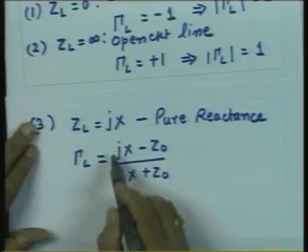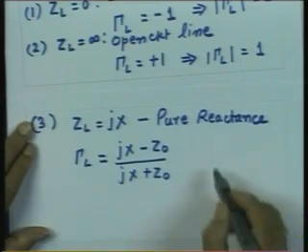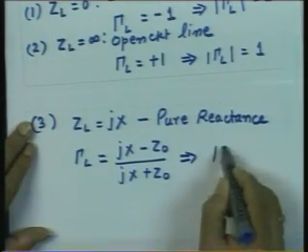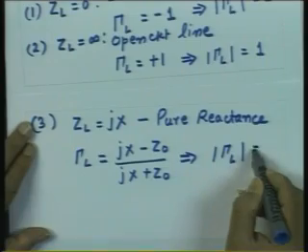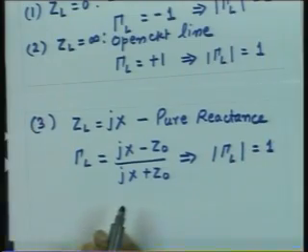This quantity in general will be complex, but the mod of gamma L will again be equal to 1.